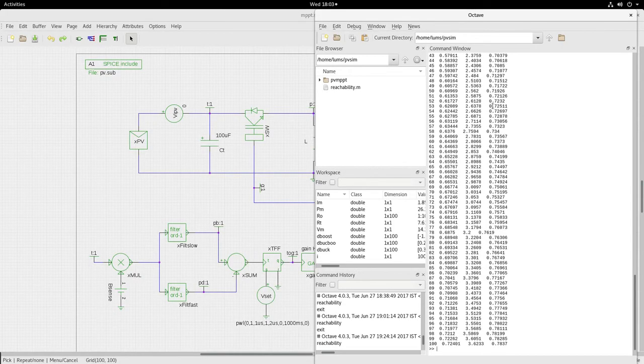Now we have put R0 of 100 ohms, and therefore you can see that the last column, the duty cycle is 0.7837. So 0.78 will work out to 0.78 into 2 minus 1, which is around 0.56. So we expect the final duty cycle to settle down at 0.56 and deliver the maximum power point.